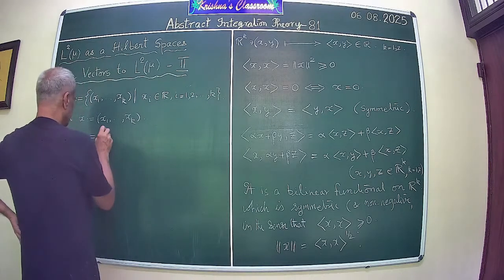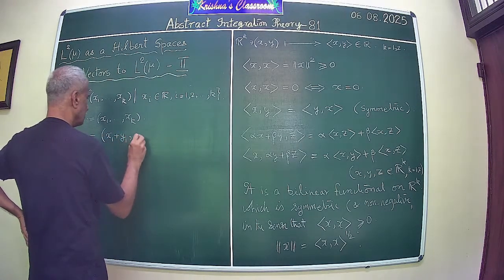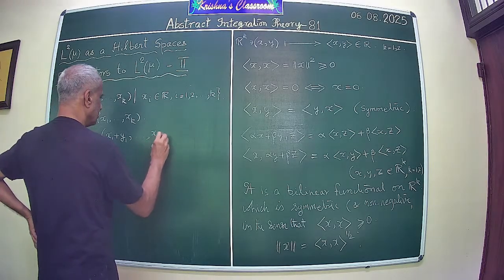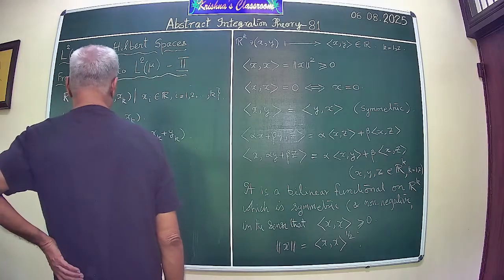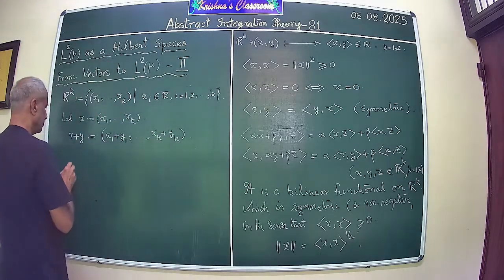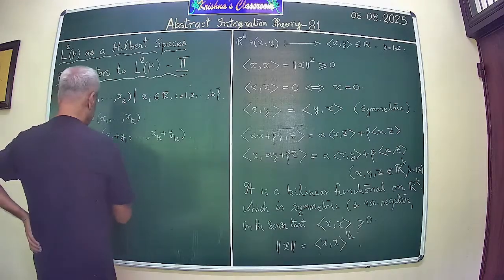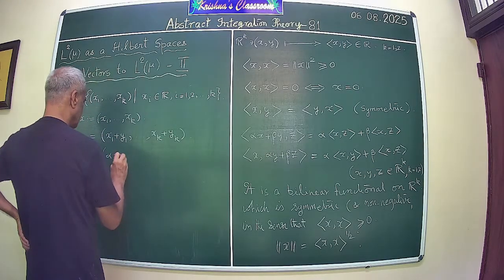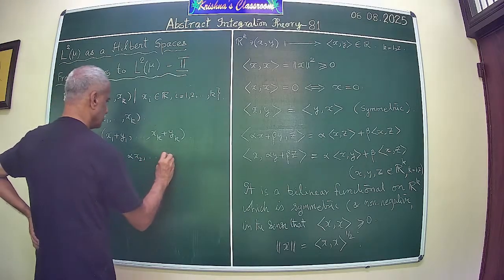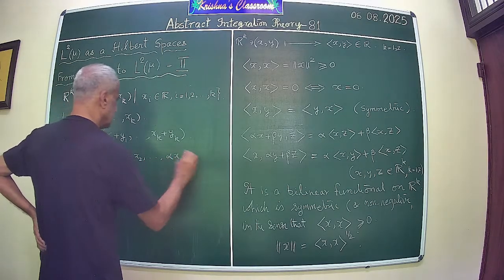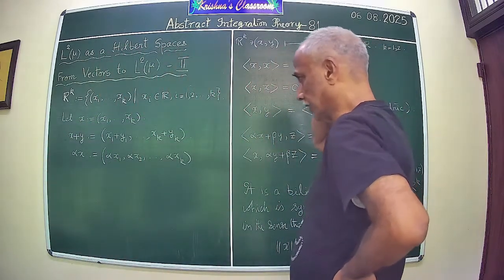This is equal to the componentwise sum. And then you have alpha x defined as, that is, each component you multiply by alpha and then create the vector.